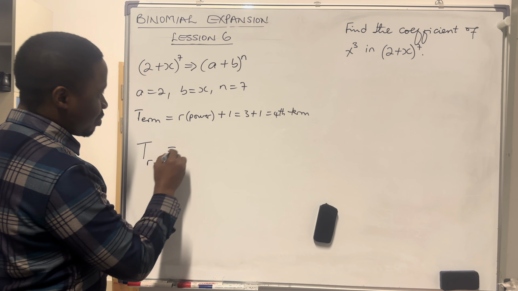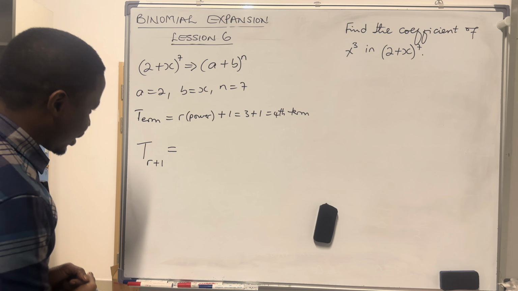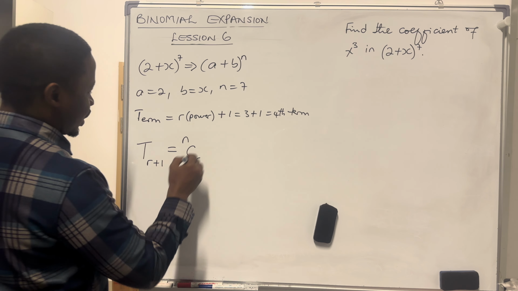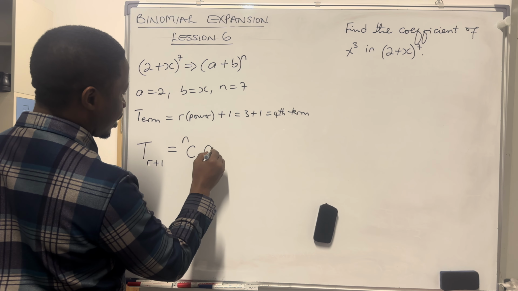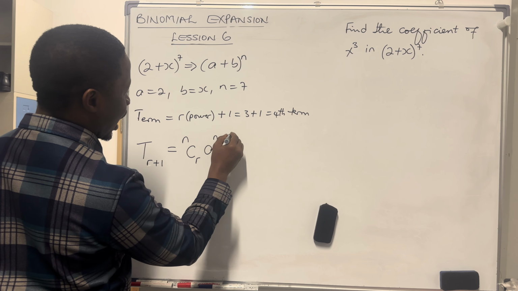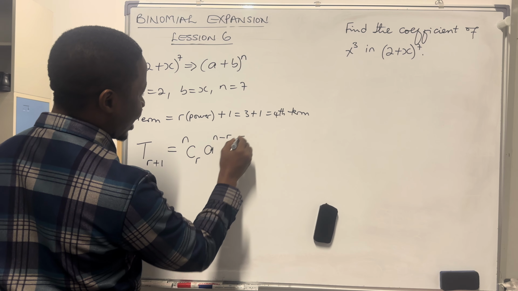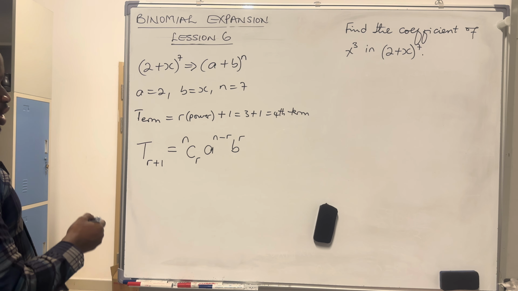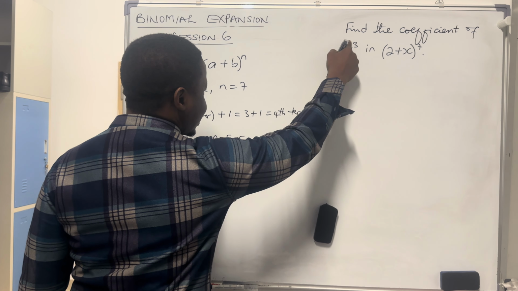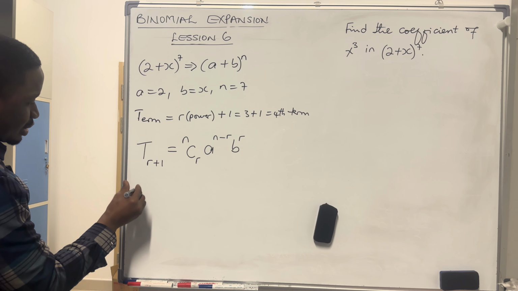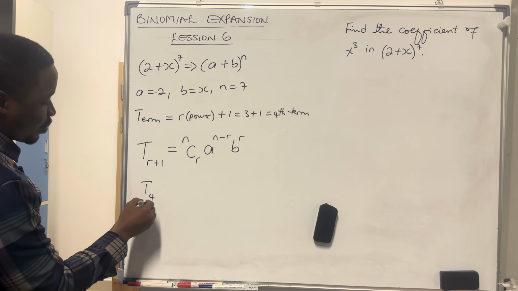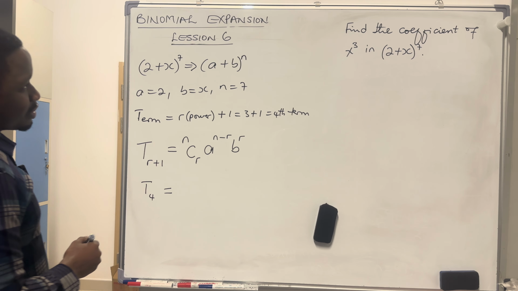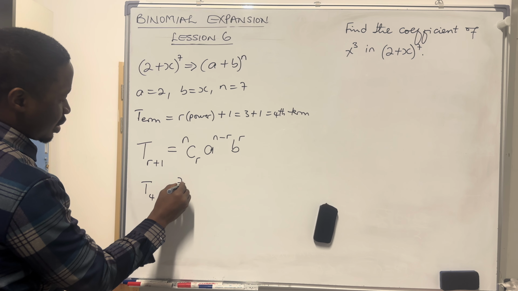The general term of any binomial expansion is n combination r, a to the power n minus r, b to the r. This is the general term. So what is n? n is 7.